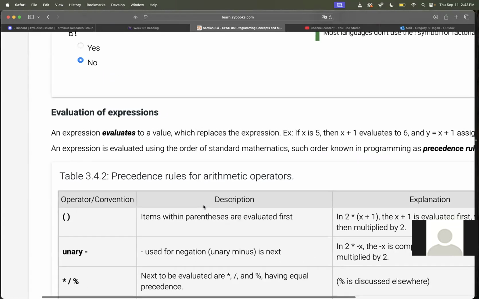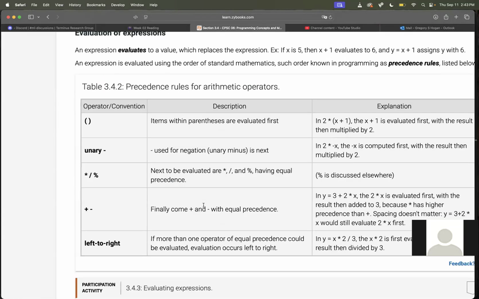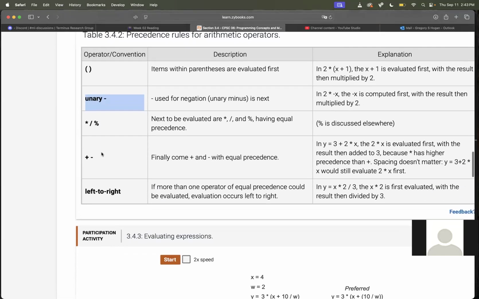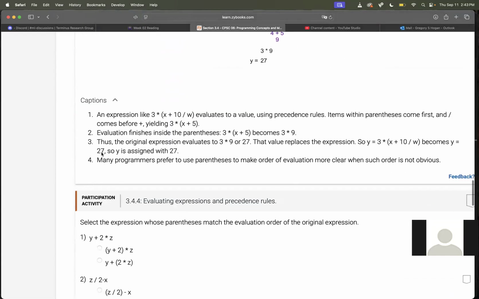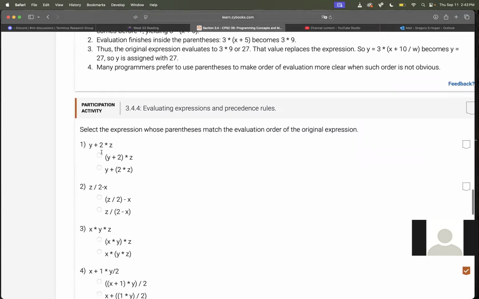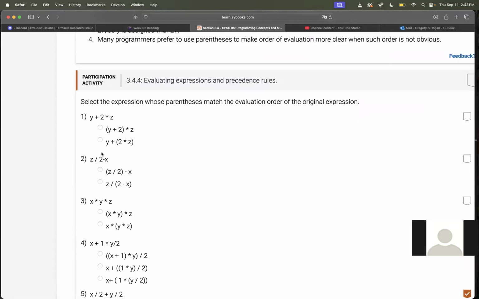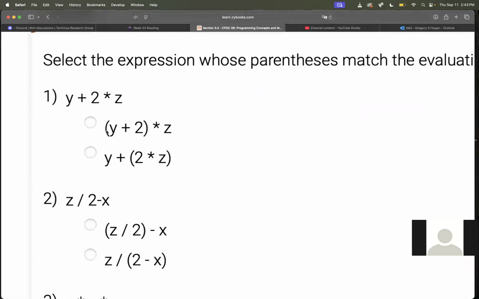All right. This is order of operations. These are pretty much the normal math rules for order of operations. The only thing that's special is unary minus, and I'll show you an example of that in a minute. So down here, what they're asking you is what happens first.